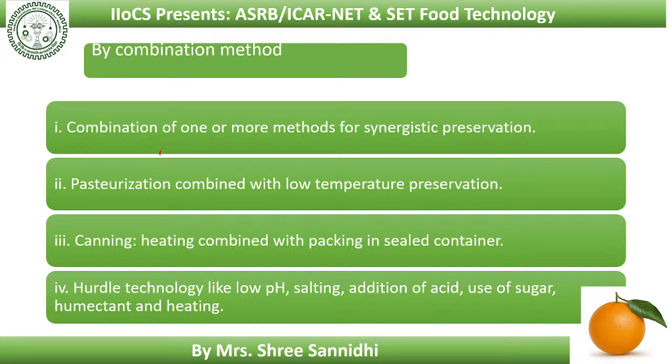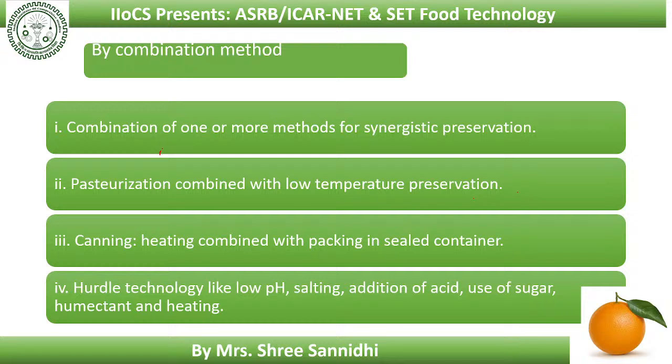Pasteurization combined with low temperature preservation is one of the best examples we can see even in milk preservation. So what do we do with milk? We pasteurize the milk first, and then we store it at low temperature.